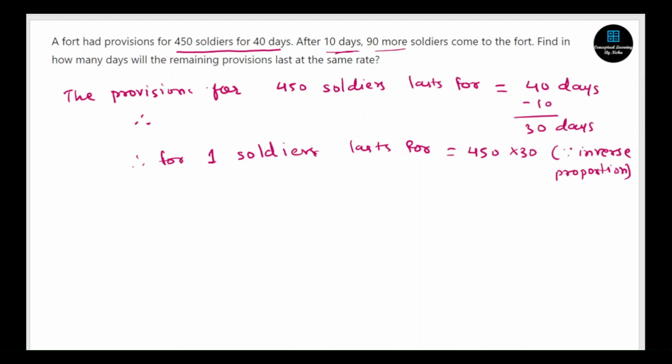Now what I can say, after 10 days, how many soldiers are there? After 10 days, the number of soldiers is 450 plus 90.